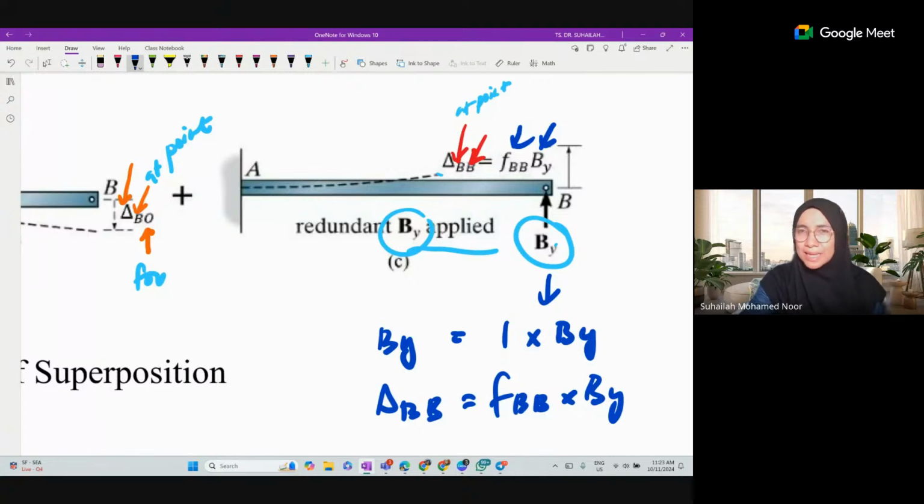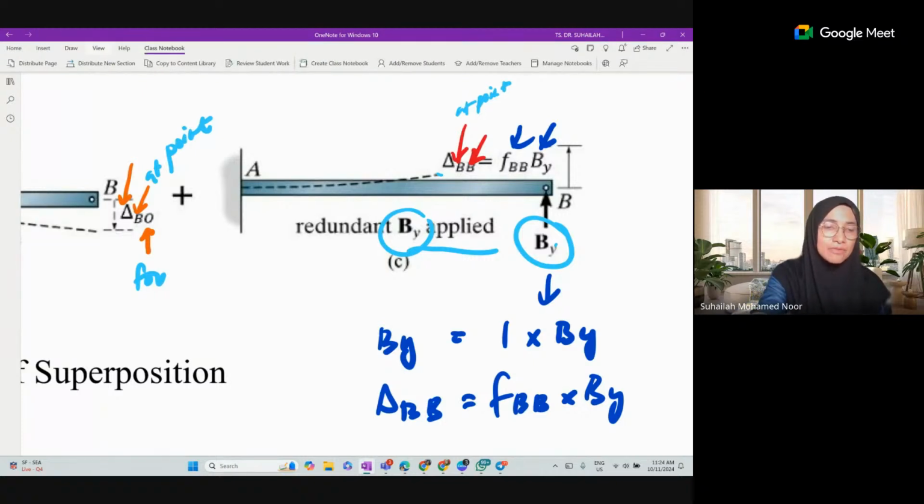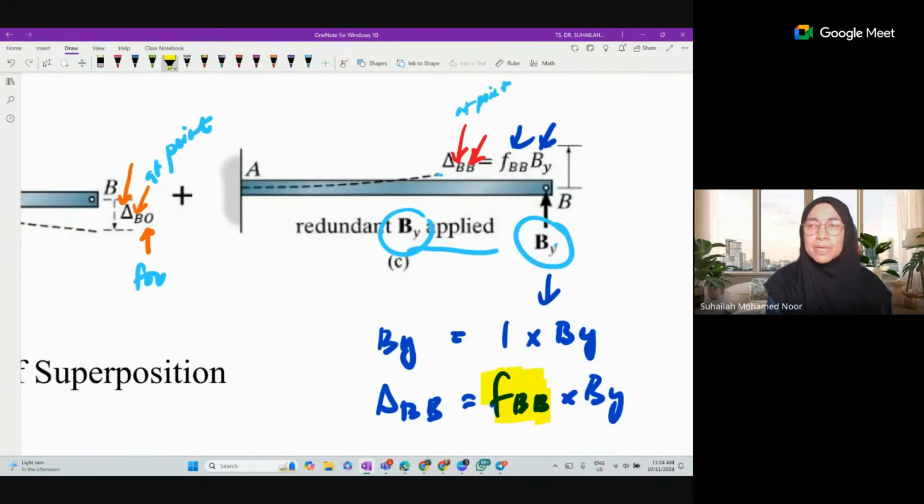So for the analysis later on, you do not need to put BY into the redundant system. Just put a unit value. So all displacement in the redundant structure, the redundant beam, we will not label as delta BB, but we label as FBB.